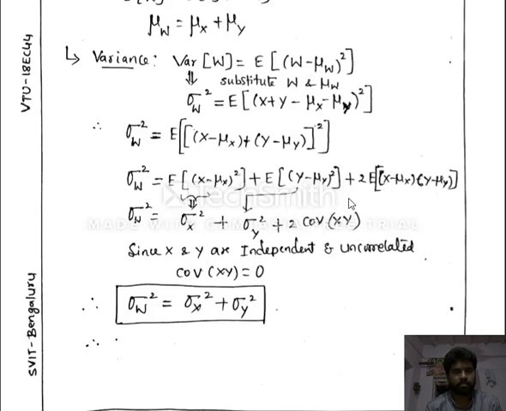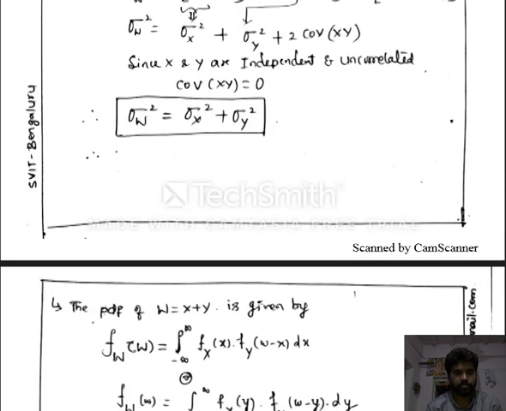Therefore, for the sum of two independent random variables x and y, the variance of the sum is the sum of the variances of the random variable x and random variable y, which are independent in nature.